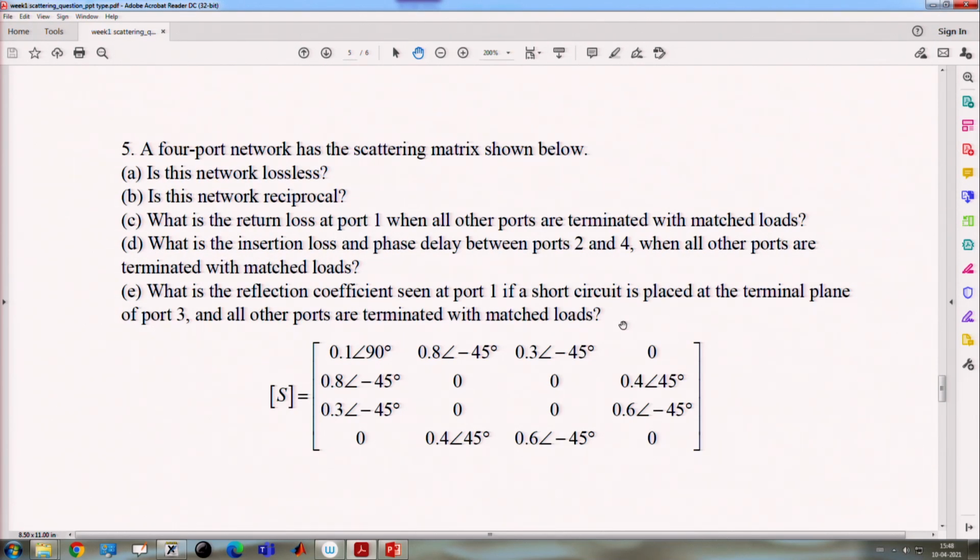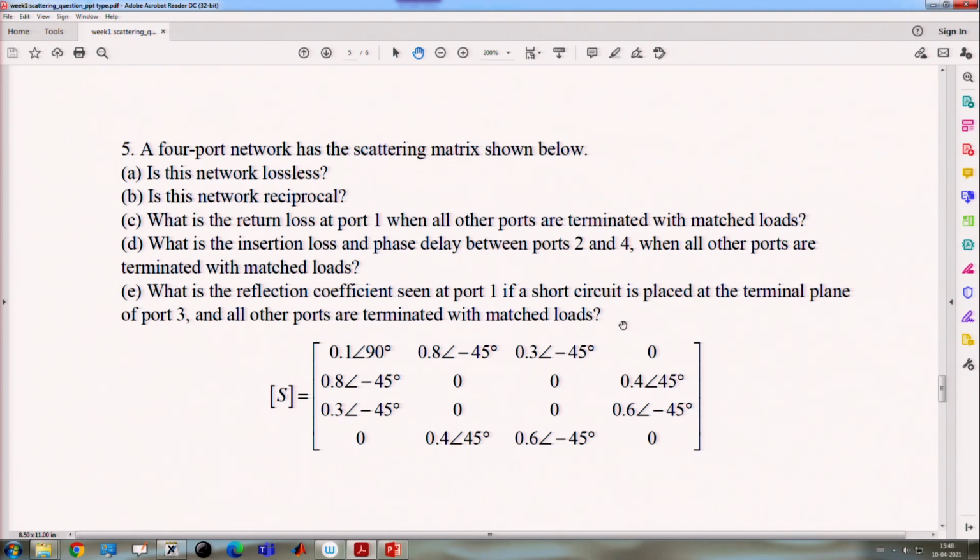So, next problem is a 4-port network. Previously we have done the 2-port network. It is a question on the 4-port network that has the scattering matrix shown below. First, is this network lossless? Is this network reciprocal?